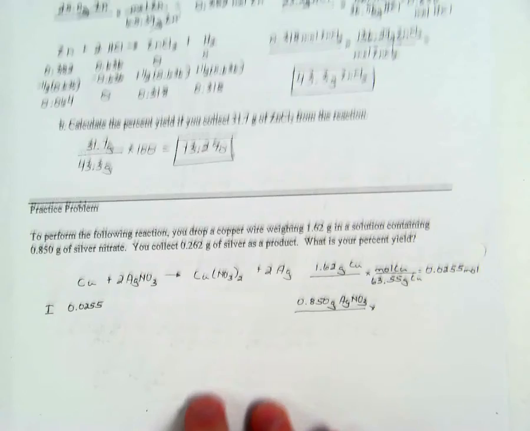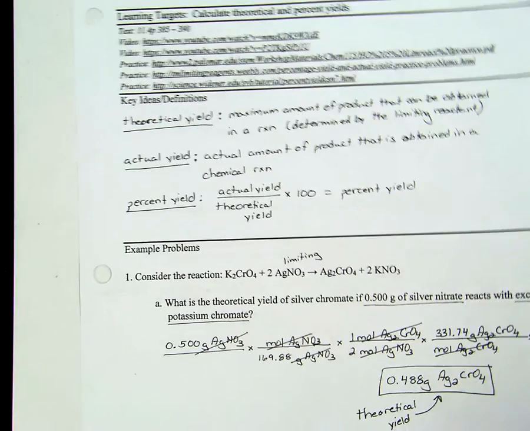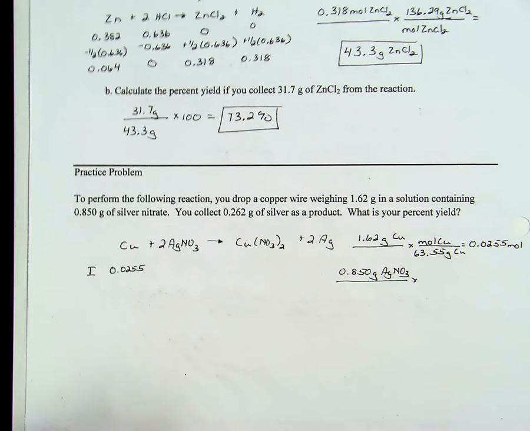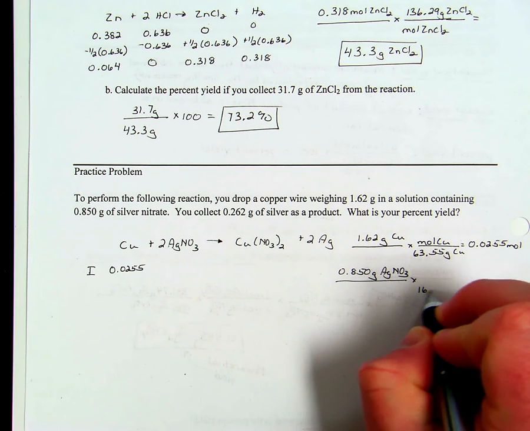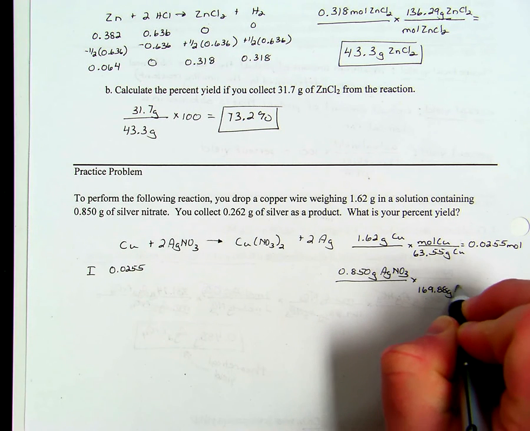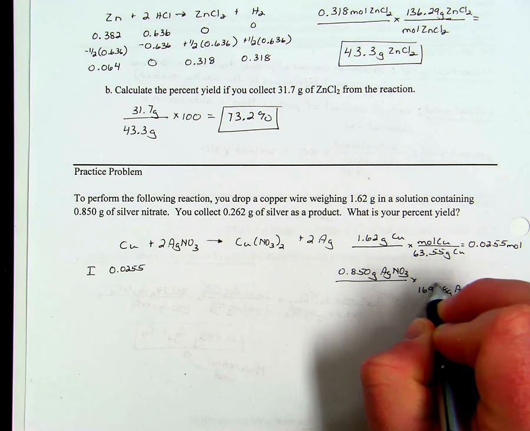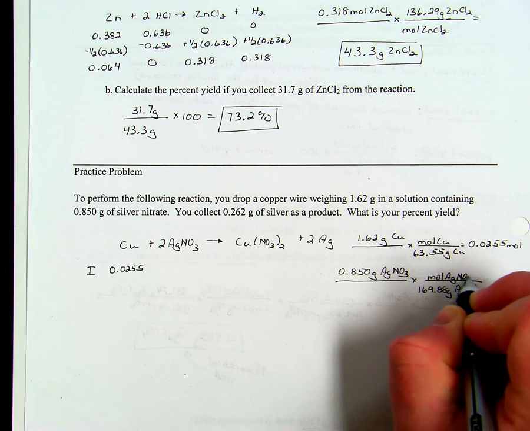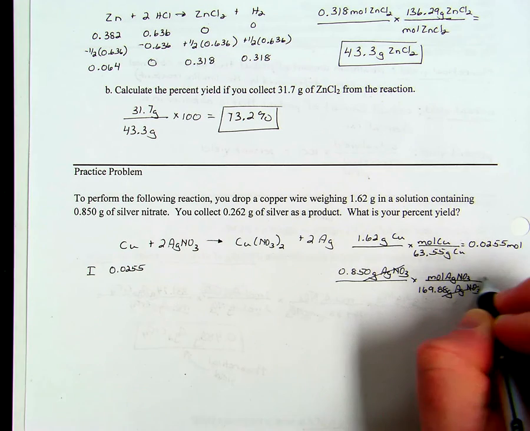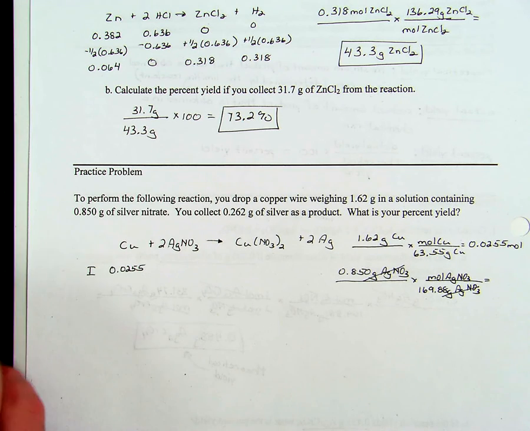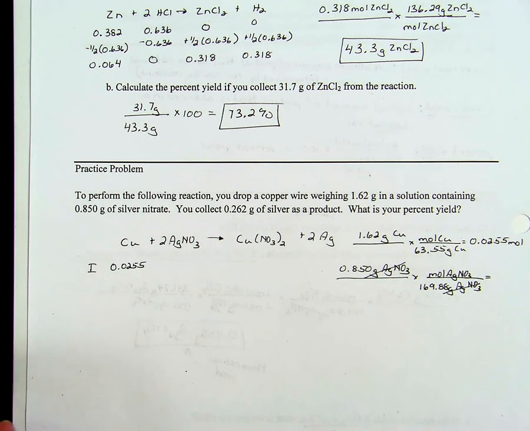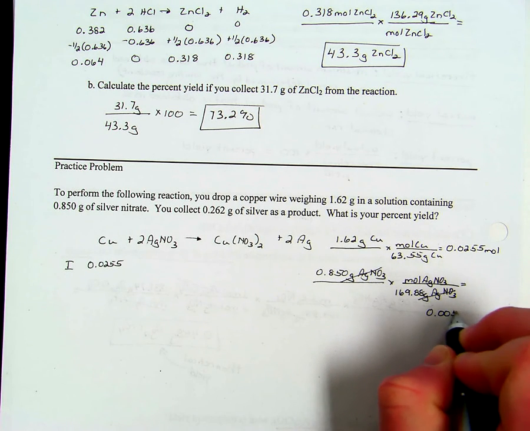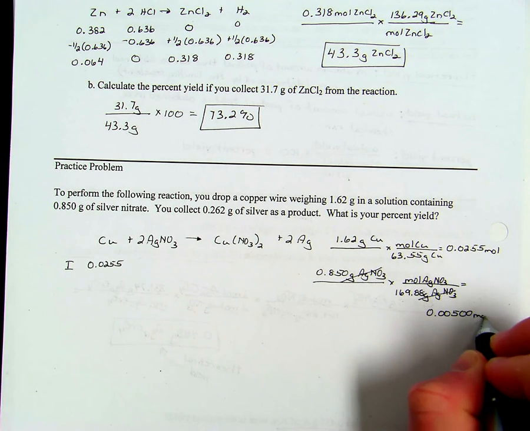That was 169.88 grams AgNO3 for every mole of AgNO3. So 0.85 divided by 169.88 gives us 0.00500 moles of silver nitrate. That's what I get there.